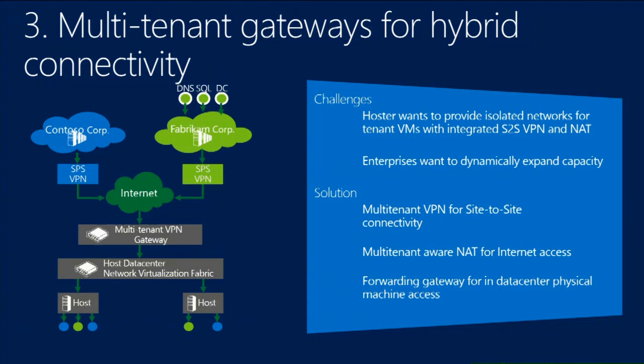For that purpose, in the 2012 R2 timeframe, we built in-box multi-tenant gateways. The way multi-tenancy is typically done, not always, is that you spin up a separate tenant gateway VM per tenant network.